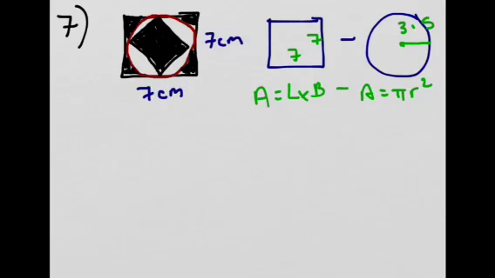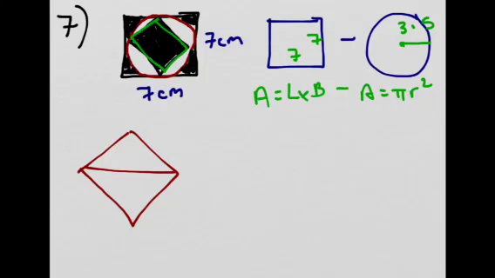Now we need to calculate this square in the middle of the circle. I can do that by cutting it into 2 triangles. So we've got 2 triangles that we can calculate the area of using the formula area equals a half base times height. So what I've created now is 2 identical triangles.